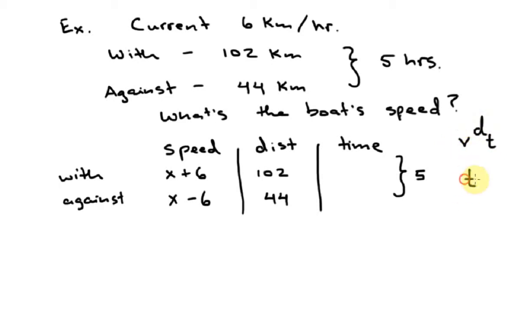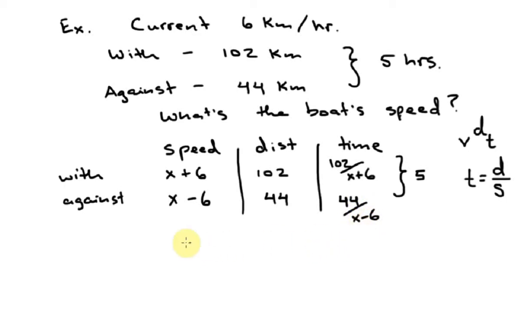So in other words, here's what I'm going to use. Distance divided by speed, in this case, is equal to the time. So when I go with the current, my time is 102 divided by x plus 6. And when I go against the current, my time is 44 divided by x minus 6.